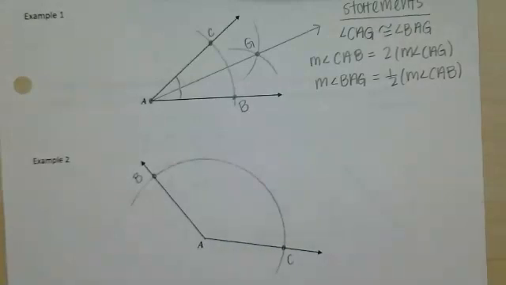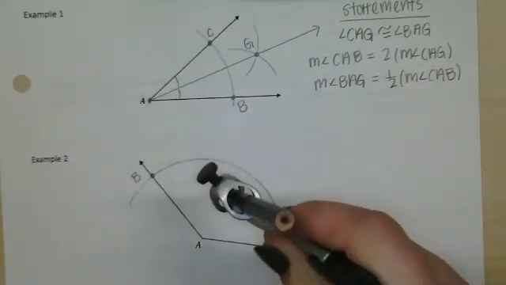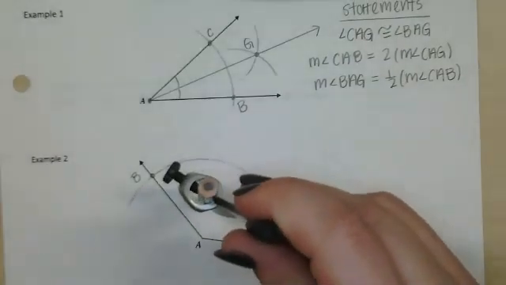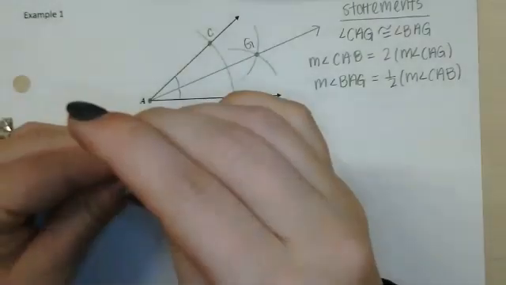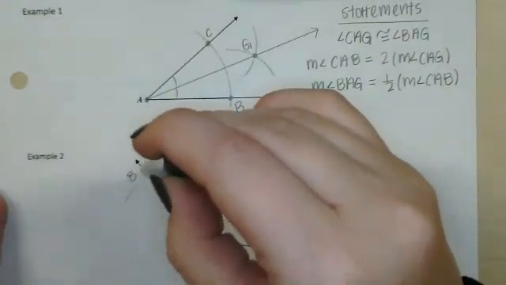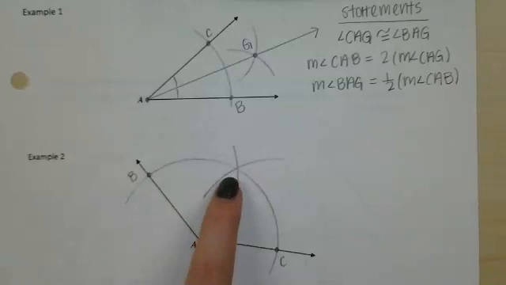Our next step was to put your compass on one of those points and draw an arc out here. It looks something like this. Then while you have your compass at that same width, do the exact same thing, placing your pointed end at point B. Now, depending on how wide or narrow you have your compass, where yours are intersecting could be a little bit above or below mine, but it should still be in the middle, as long as you didn't change the size between making the two.